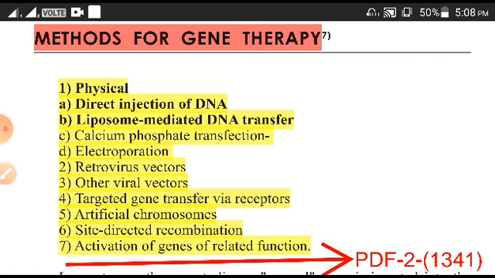About transfection, we have already discussed it in the video on gene cloning.